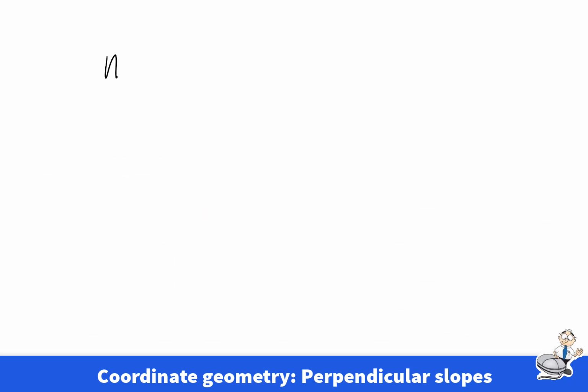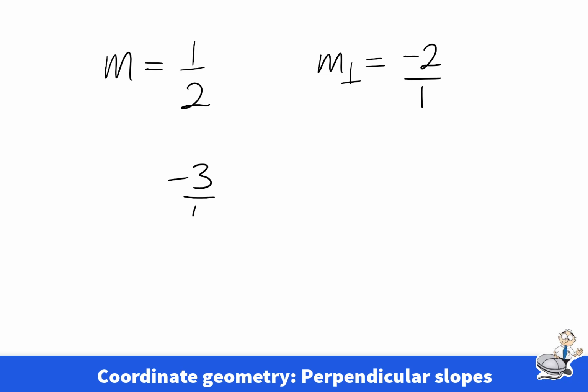Say I have a slope of maybe a half. Could you tell me what the perpendicular slope to that is? Negative 2 over 1, which is correct, which is just negative 2. Perfect. Let's try another one. I have negative 3/4, and sometimes it's written like this.